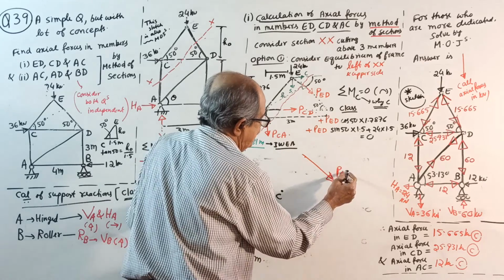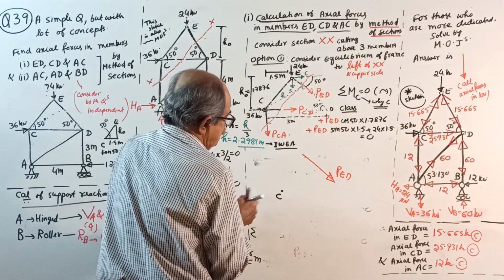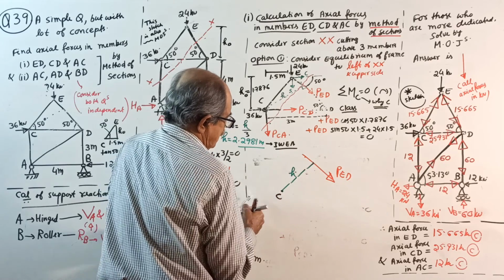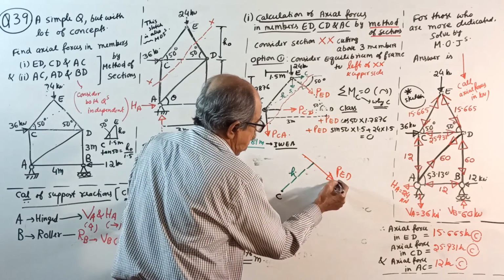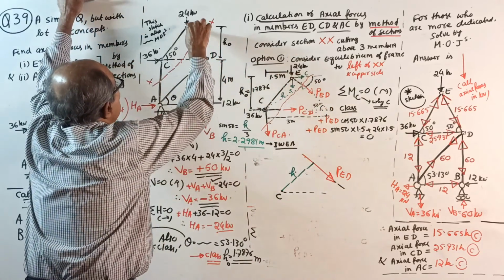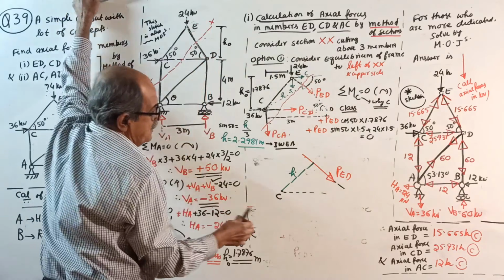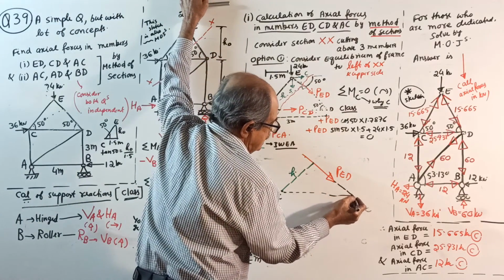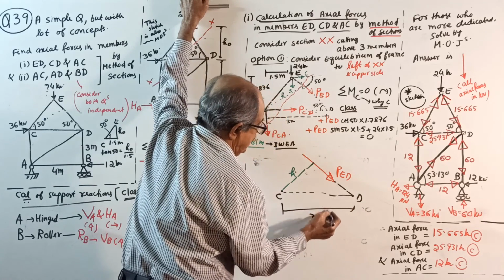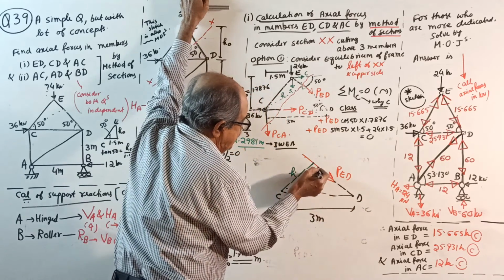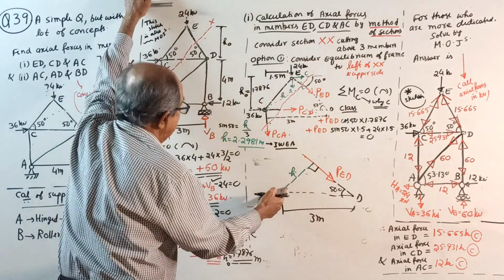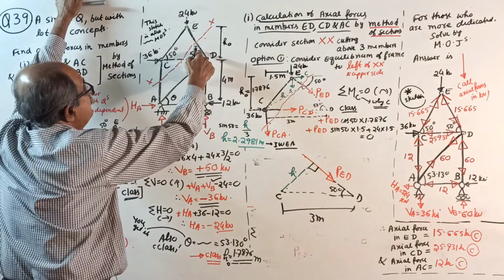From here, you are dropping a perpendicular, H. If I continue this one, somewhere here will be D point. This is 3 meter. This angle is 90 degrees. This is 50 degrees. See here, this is 40 degrees. Be careful, this is 50 degrees.